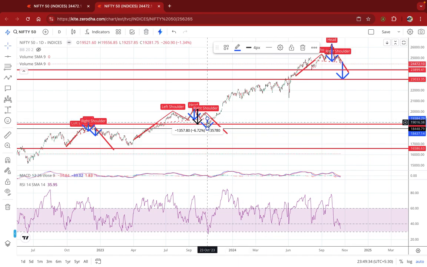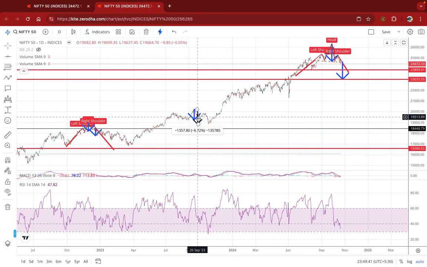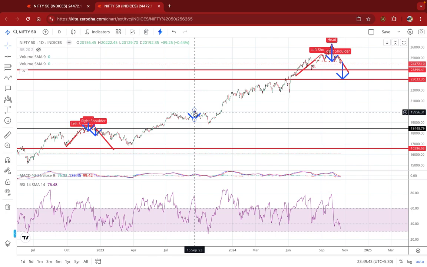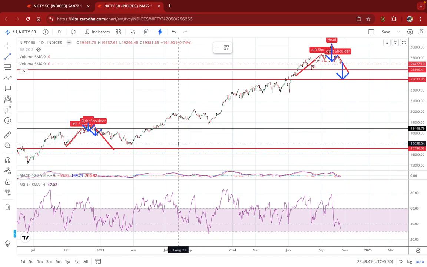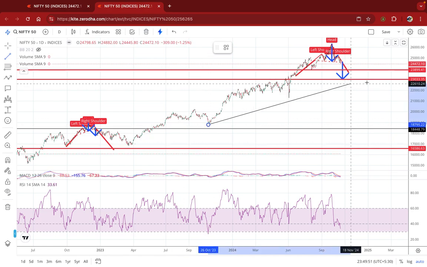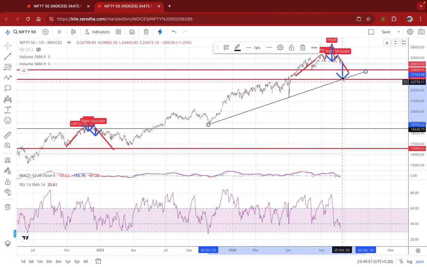So even if I draw some trend lines here, they also indicate that the level we're looking at, 23,000, is pretty accurate. If I draw a trend line from the side, from here to touching this low, it comes precisely to the same level wherein we are looking at our target of head and shoulder.